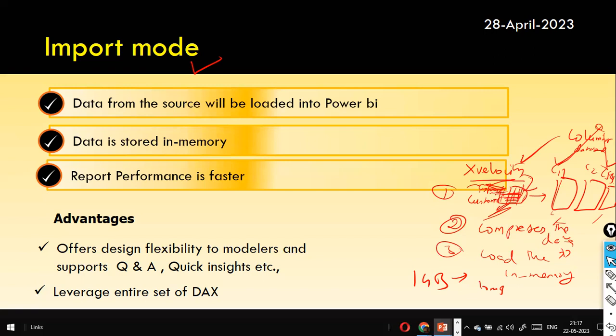In the case of import mode, the limitation is you can schedule up to 8 refreshes per day only. In the case of a Premium SKU license, it allows you to perform data refresh more often, so the frequency of the data refresh can be higher.